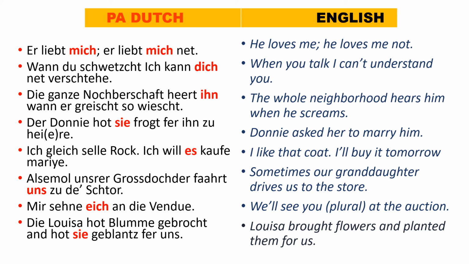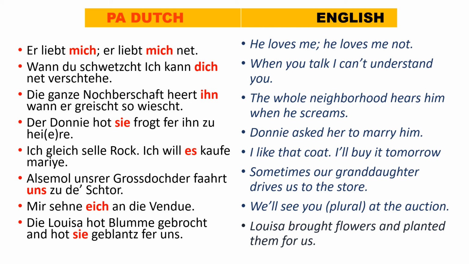Then our third person plural is them. They are receiving the action. Die Luisa hat Blumen gebracht und hat sie gepflanzt für uns. Luisa brought flowers and planted them for us.